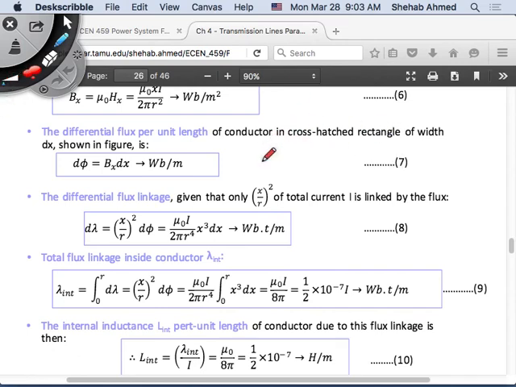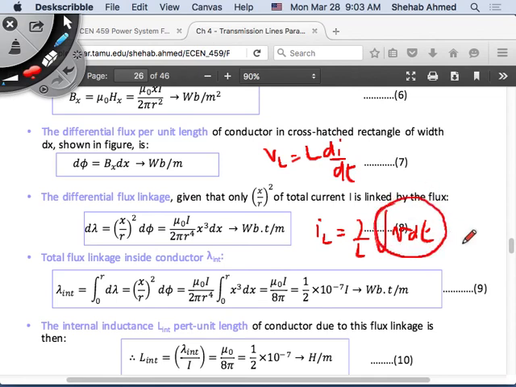So again, VL is equal to L di/dt, and then we said that IL is equal to 1 over L times the integral of V dt. The integration of the voltage across the inductor is what? The flux linkage, right?